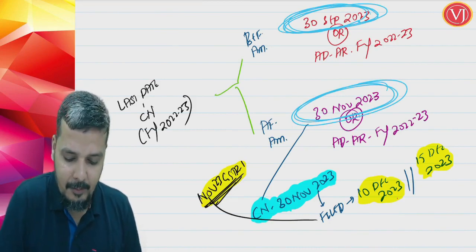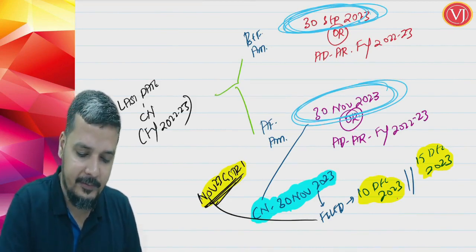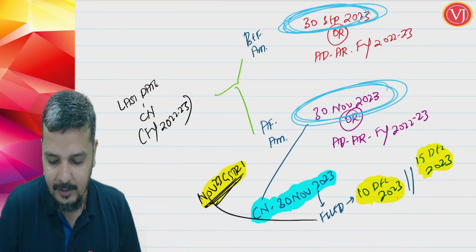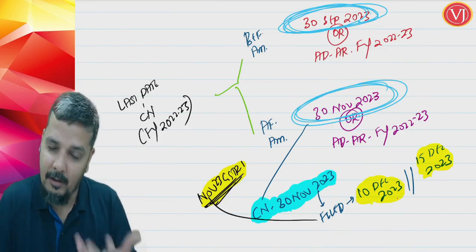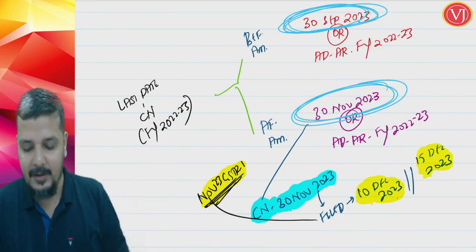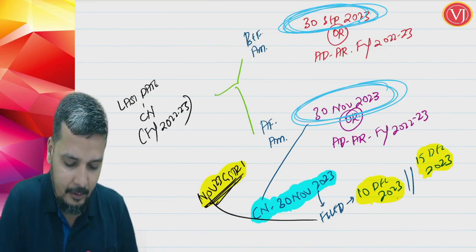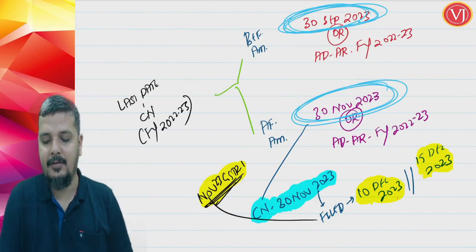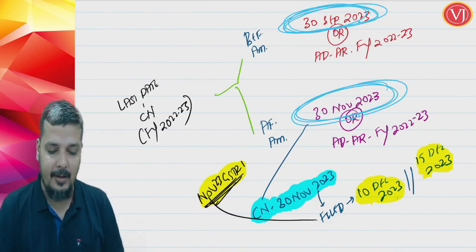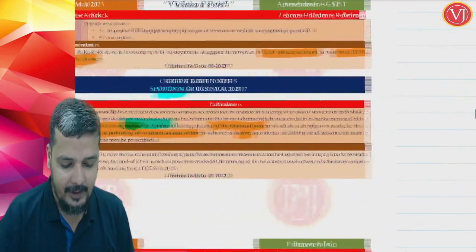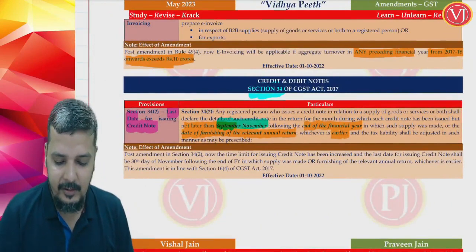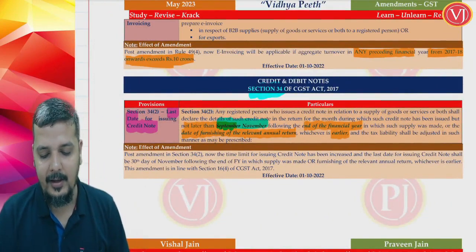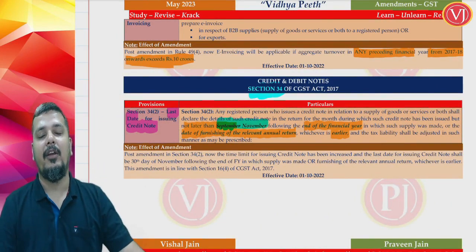If I issue it before 30th November, I can report it in my November month return also, not necessarily the October return, which I can file on time or after time. So that's a small difference that you need to understand. So that is all about your amendments in the document chapter.